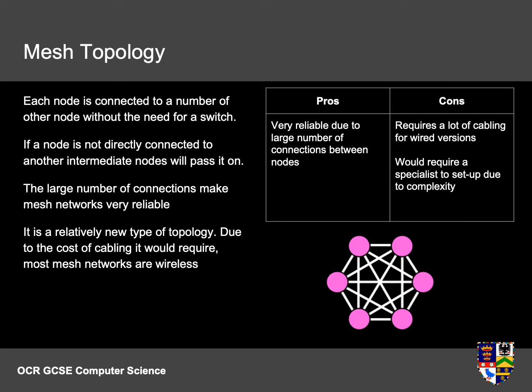So again, you would probably only see this sort of network in a wireless sort of scenario. And because of the complexity of them, if you weren't buying an off-the-shelf package and you wanted to set your own up, you would probably need some sort of specialist, or you need to take a lot of time researching how you would go about best setting one of these up.